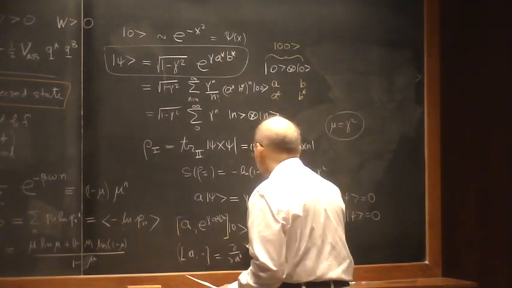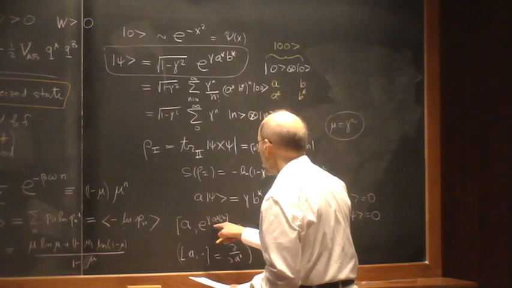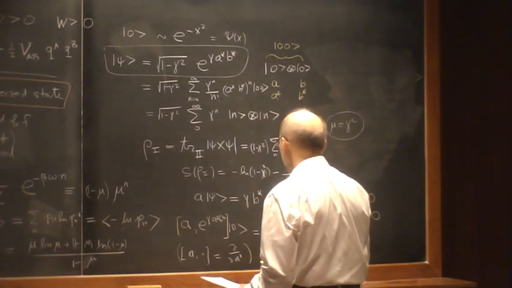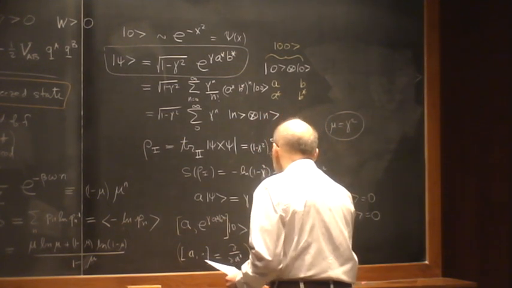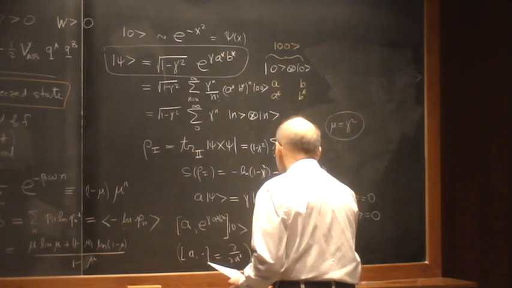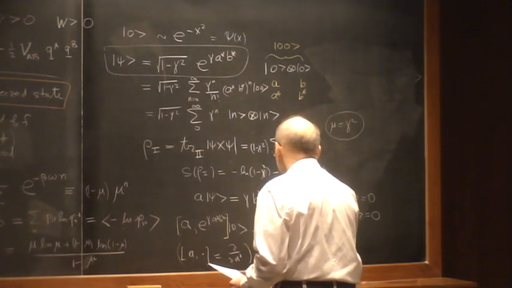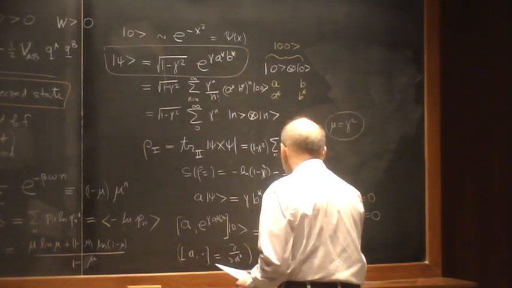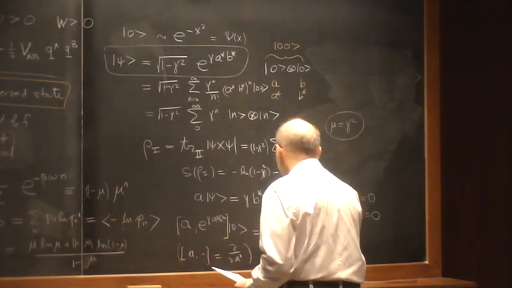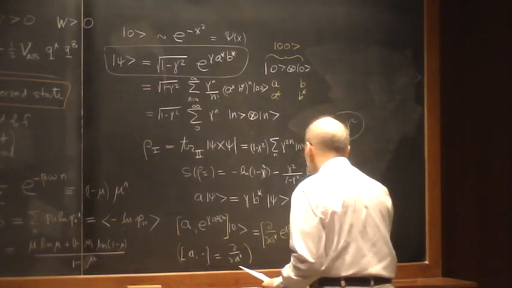So all I have to do is differentiate this expression with respect to A star. So let's write it in quotes: partial A star of e to the gamma A star B star, all acting on the ground state.